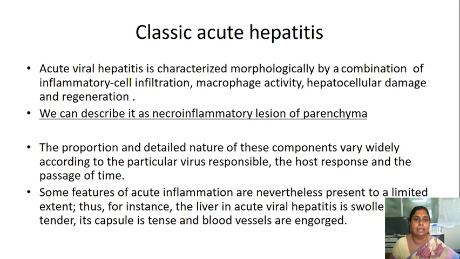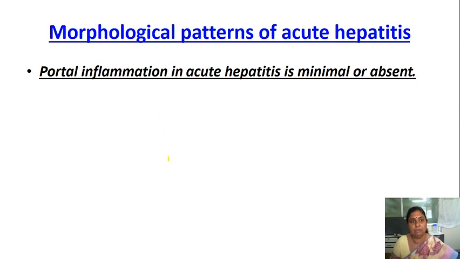So acute viral hepatitis is characterized morphologically by a combination of inflammatory cell infiltration, macrophage damage, and hepatocellular damage. So we describe the classic acute hepatitis as a necrosis and inflammatory lesion of the parenchyma, okay, and then the proportion of this necro-inflammation of the parenchyma is going to decide what is the fate of acute hepatitis.